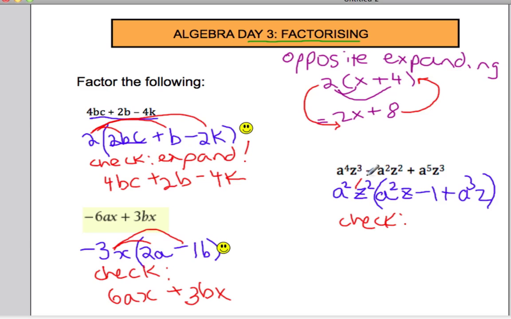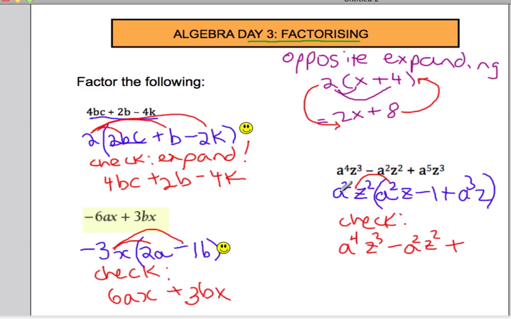All right, so a squared times a squared is a to the power of 4, z squared and z cubed. Minus, now a squared z squared times 1 is just itself, so that is a squared z squared.